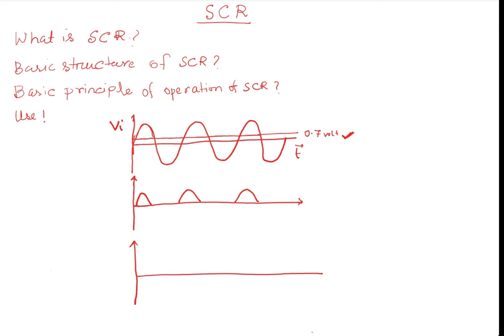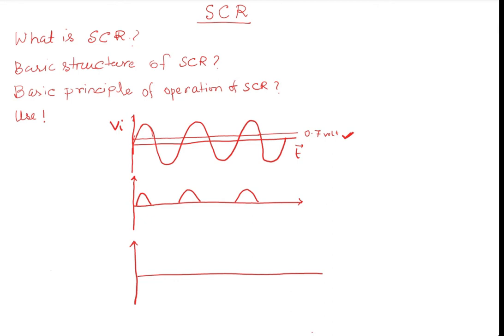We know that only when we apply a positive pulse at the gate will the SCR go into forward conduction mode, irrespective of whether voltage is available across anode and cathode. We have to apply some sufficient positive pulse at the gate, that is called the control voltage, to turn on the SCR. Once the SCR is turned on, it will keep on staying in that conduction region only.